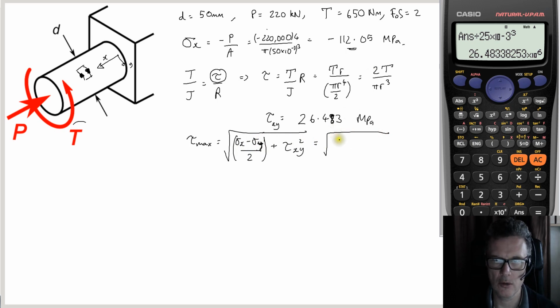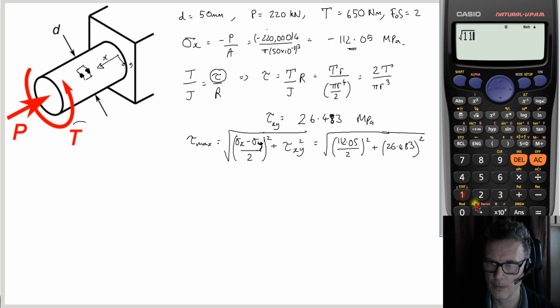So we want the 112.05 over 2. It's a plane stress problem we're dealing with, and I've forgotten to square it. 112.05 divided by 2, squared, plus 26.483 squared. And I'll take the square root.